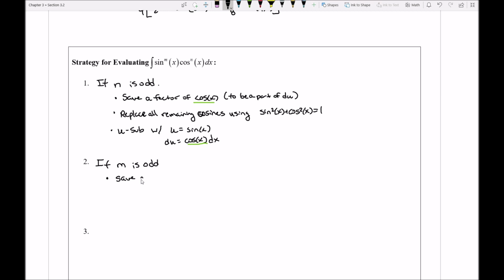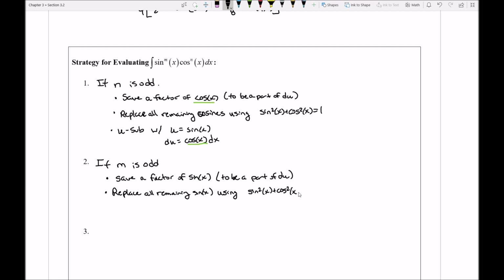I would start by saving a factor of sine of x, that's again, so it can be a part of the du, I can then replace all remaining sine of x using, again, our nice identity of that sine squared plus cosine squared.